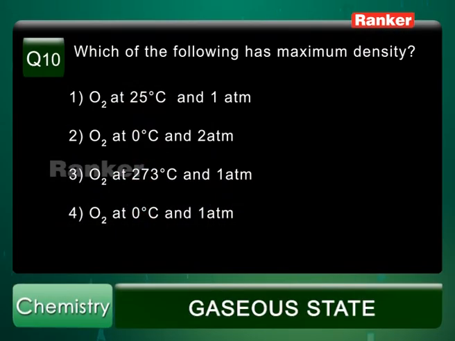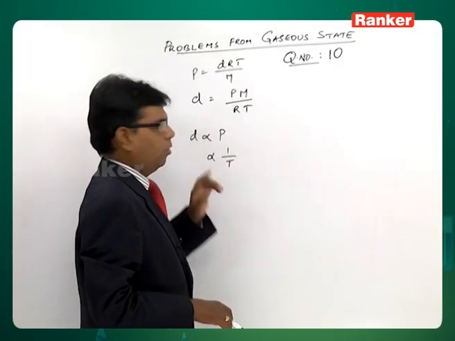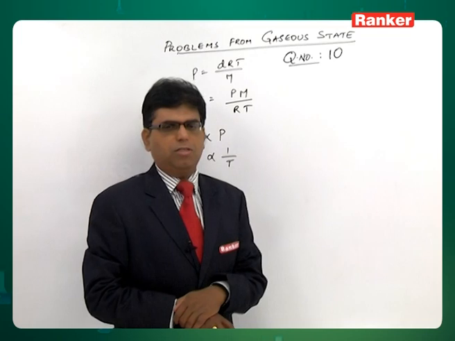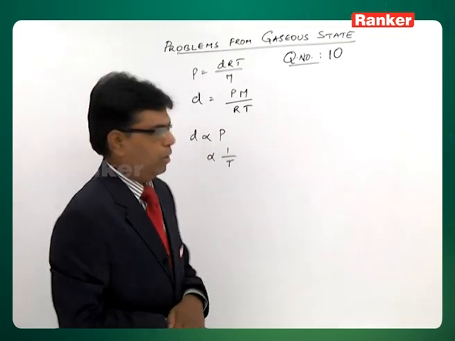Among the given 4 options, 0 degrees is the lowest temperature, and the high pressure is 2 atmosphere. So, high pressure and low temperature is 0 degrees Celsius and 2 atmospheric pressure.